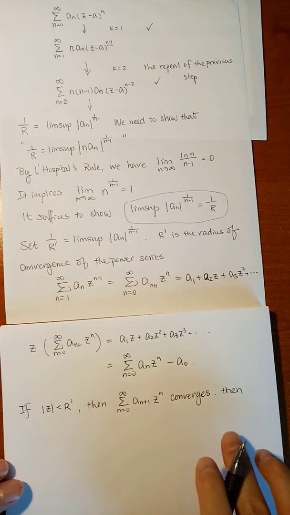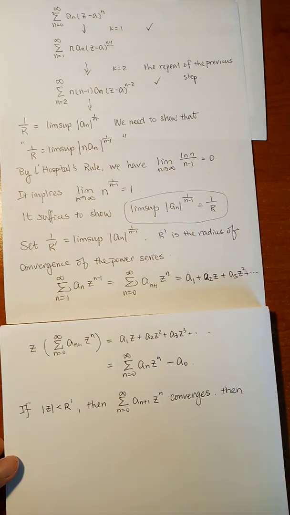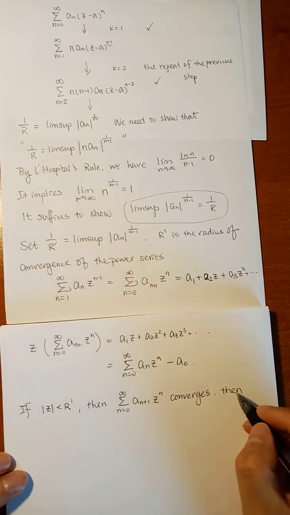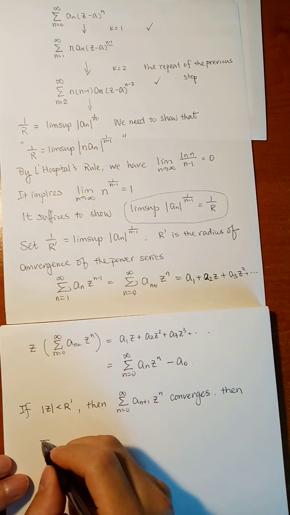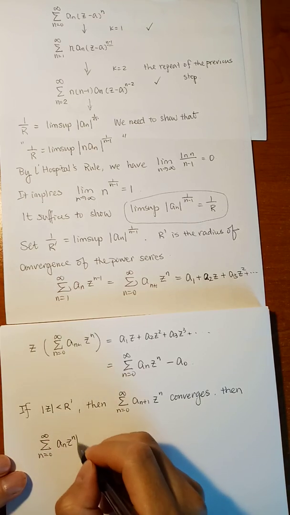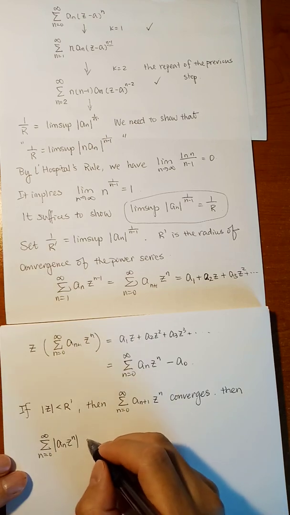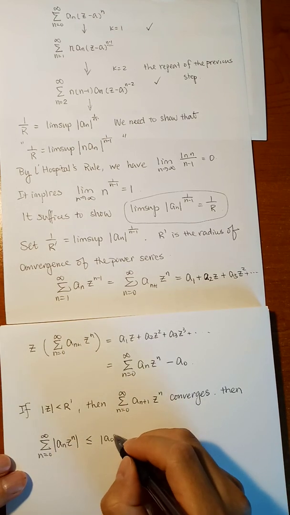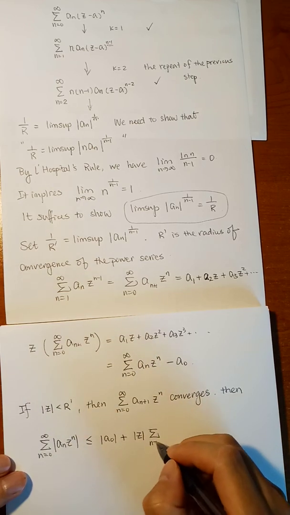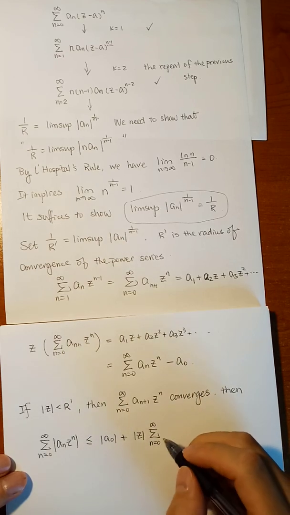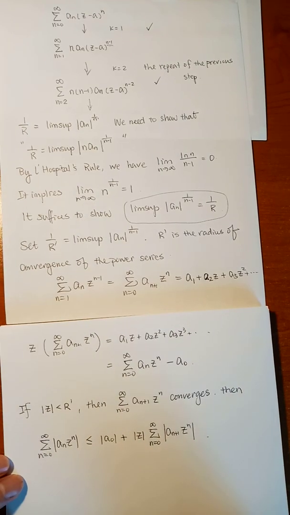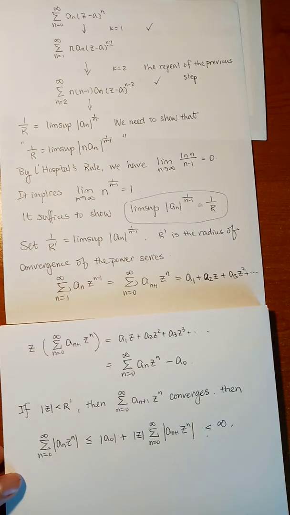So it converges inside, it's uniformly convergent. The absolute value of the sum from n equals 0 to infinity of a_n z^n is less than or equal to the absolute value of a0 plus the absolute value of z times the sum of a_(n+1) z^n.